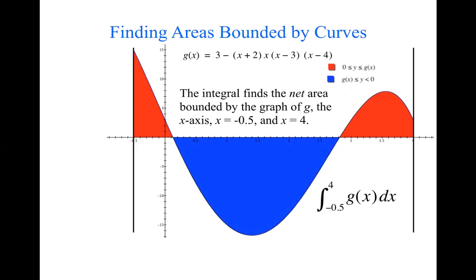So you can call this net area. It's kind of a weird term, but if you want to talk about it as area, net area or signed area are common ways to describe that, just because we're talking about this space, but not just how big it is, but where it is, relative to the x-axis.